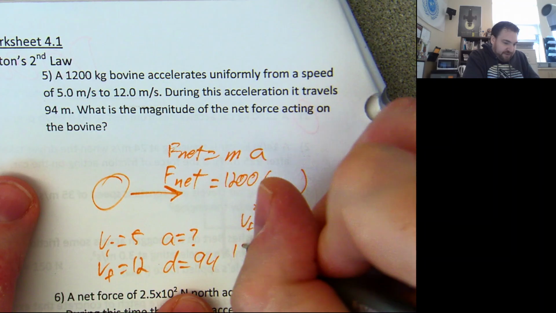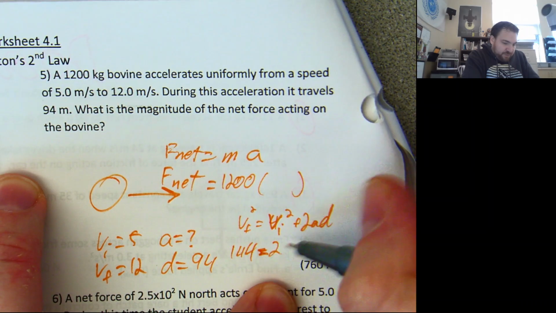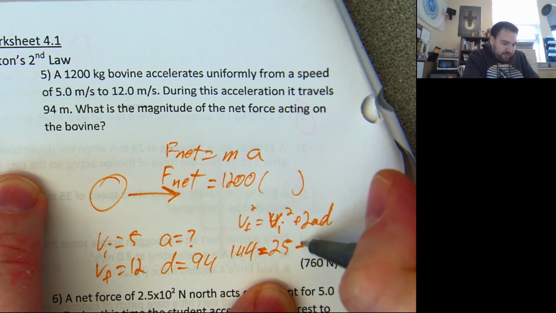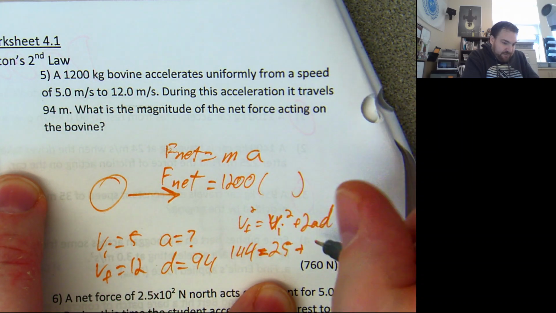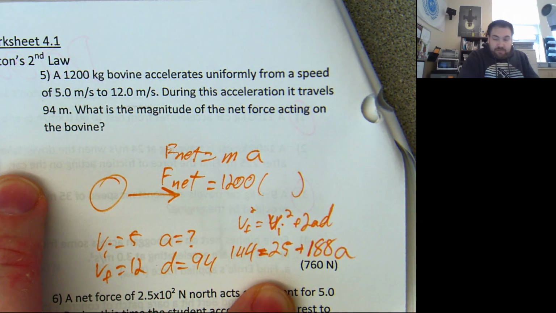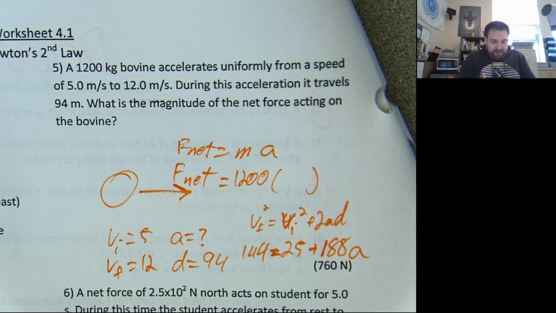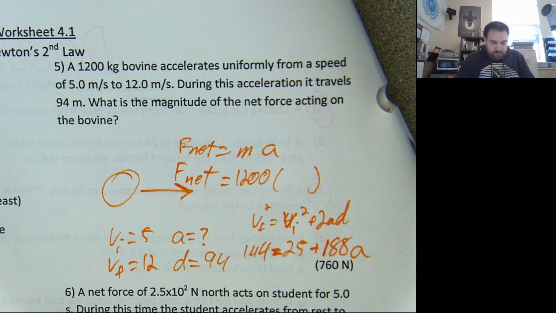Vf is 12, so 12 squared is 144 equals 25 plus 2 times a times 94, that's 188. So you're going to get an acceleration of 0.6.